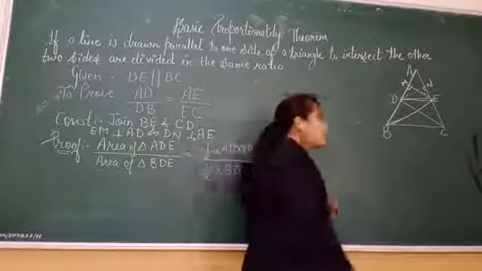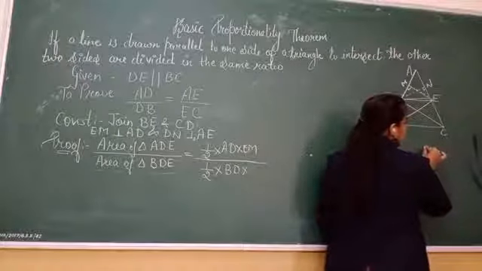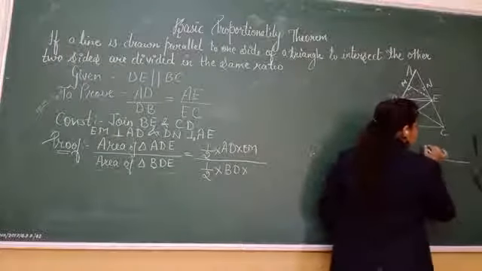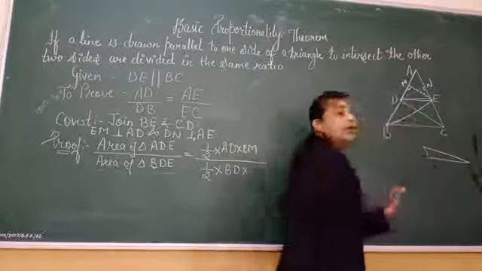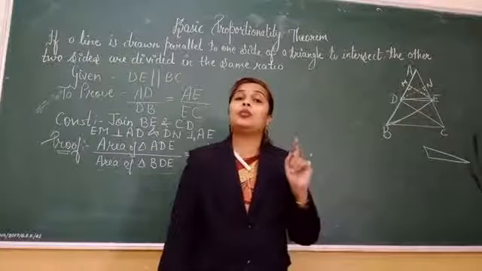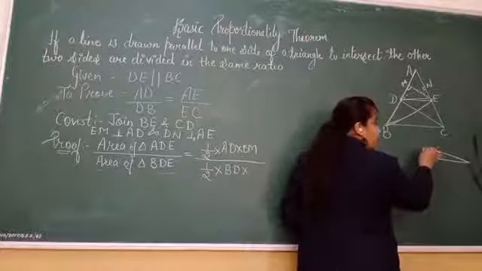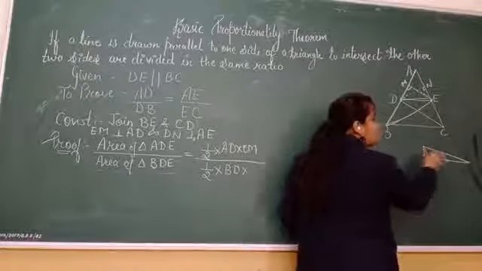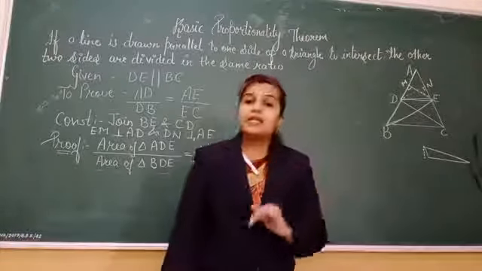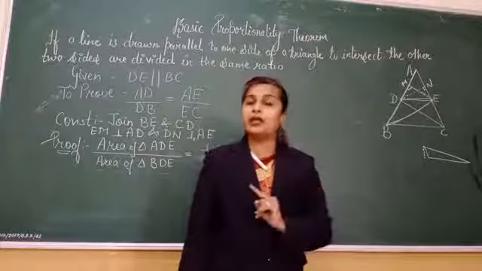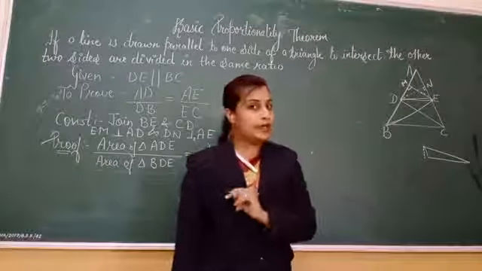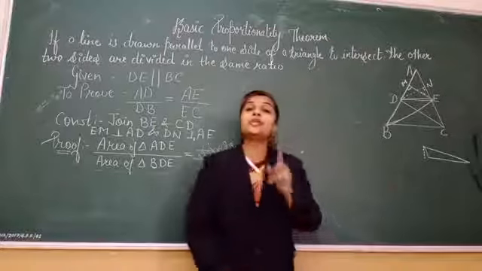See, we know that in any triangle, suppose this is a triangle, what is the altitude? Altitude is always a perpendicular line towards the base. The perpendicular line towards the base is called the altitude. Altitude means height.